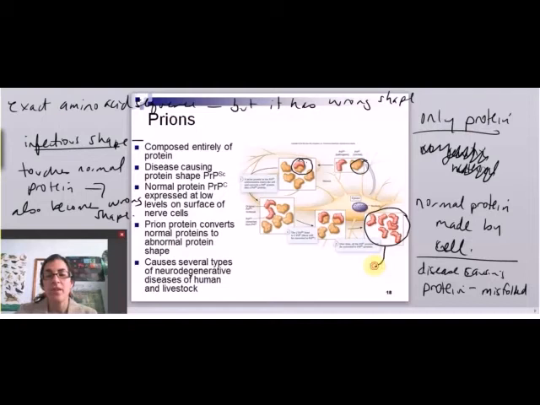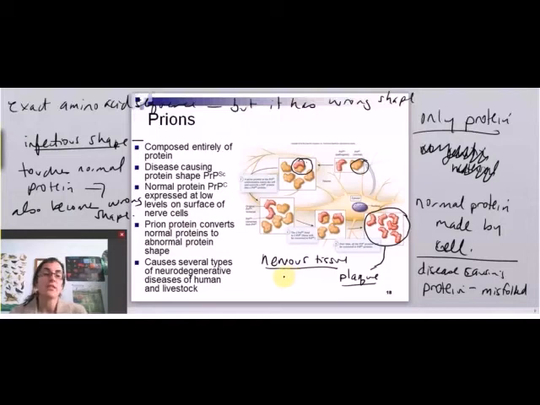And the problem is that this forms a plaque or conglomerate of misshaped proteins. The normal protein is present in nervous tissue, like the brain. So now we're getting plaques of damaged protein and dead tissue in the brain. And so these diseases, the prion diseases, cause neurodegenerative diseases.